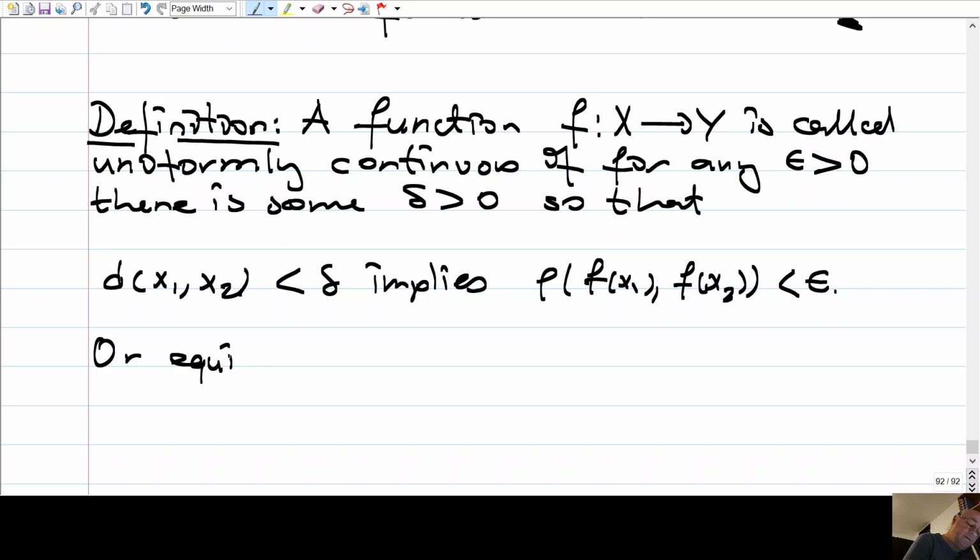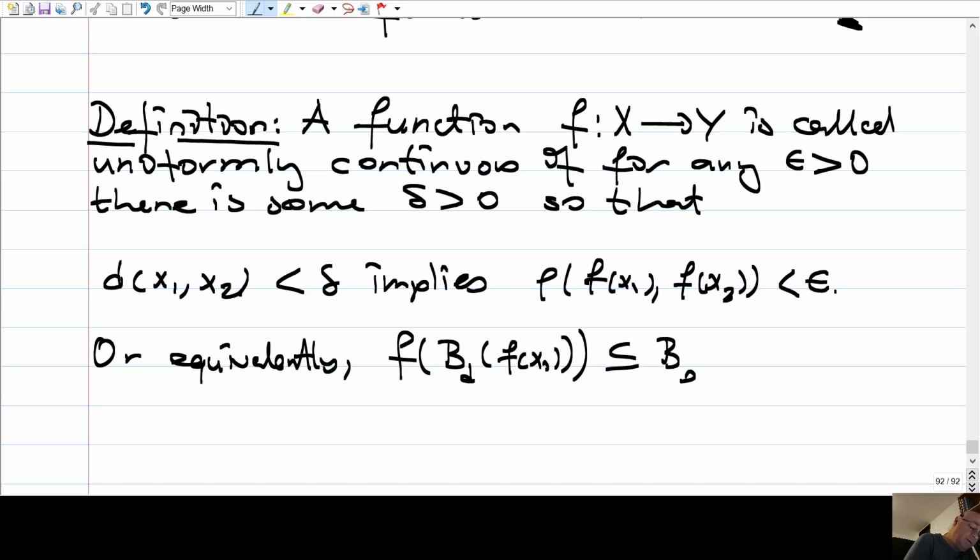Or equivalently, the delta ball around x1, let's say, is mapped into the epsilon ball around f of x1, right? And here, okay, I should say the delta ball.